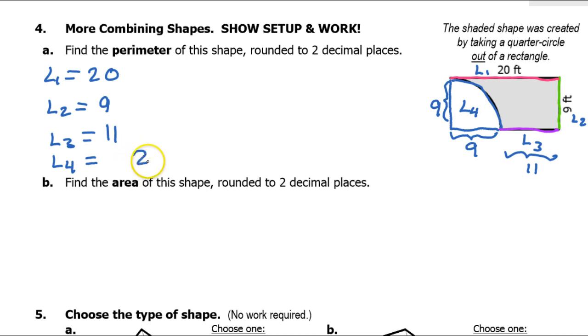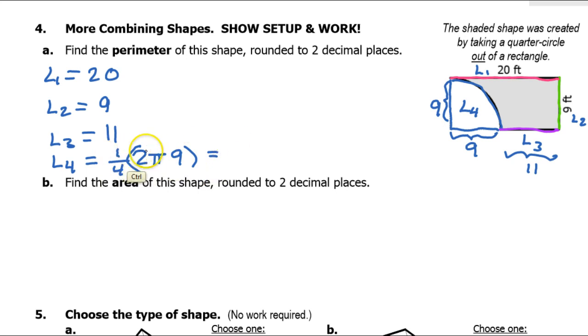So that would be 2 pi times 9, since the radius is 9. So 2 pi 9. Now, that would be the circumference of the entire circle. But I can see that this is just a quarter of a circle, so it's going to be 1/4 of this.